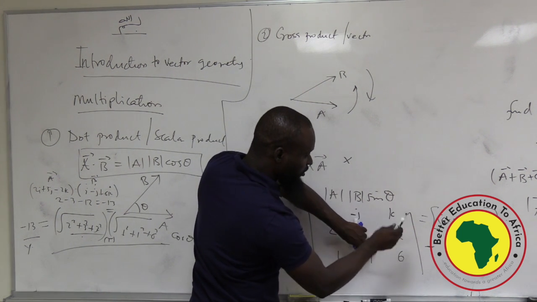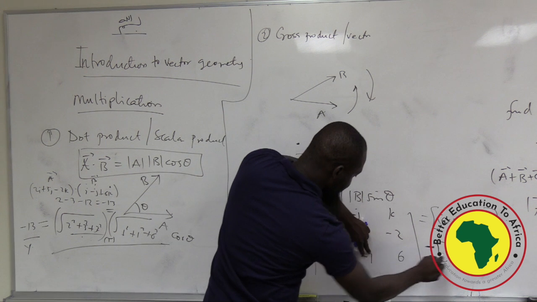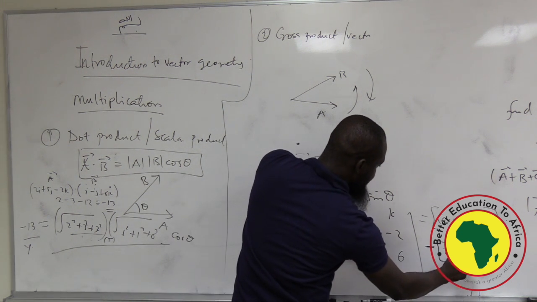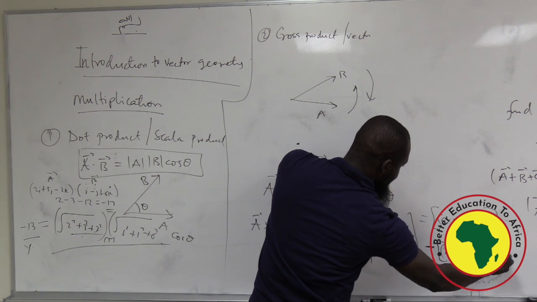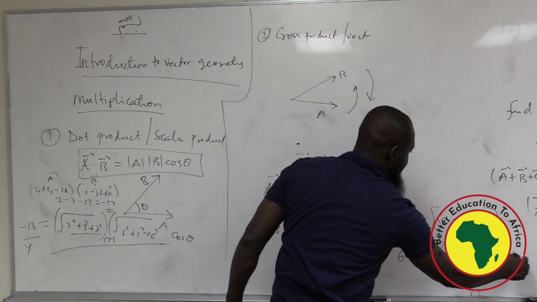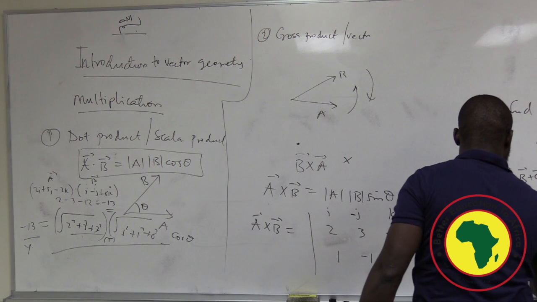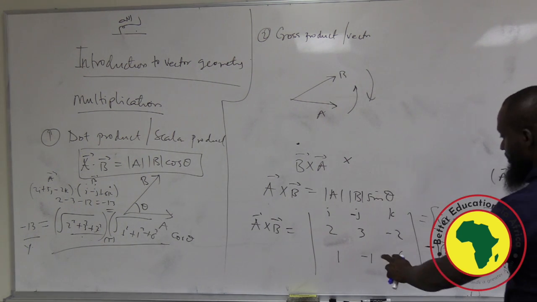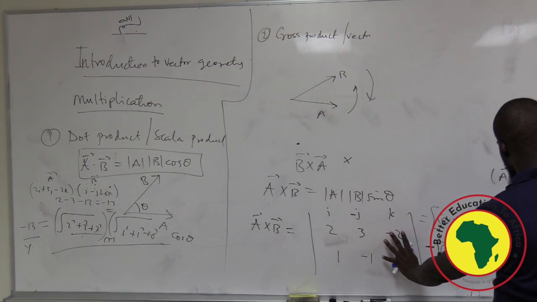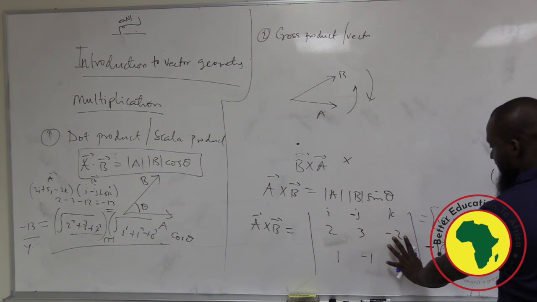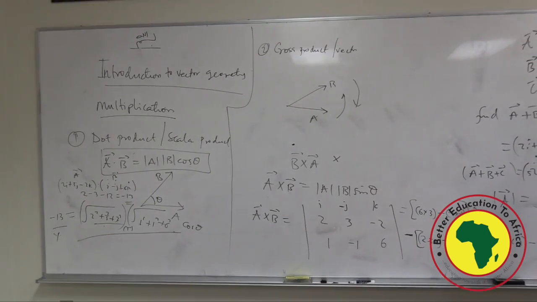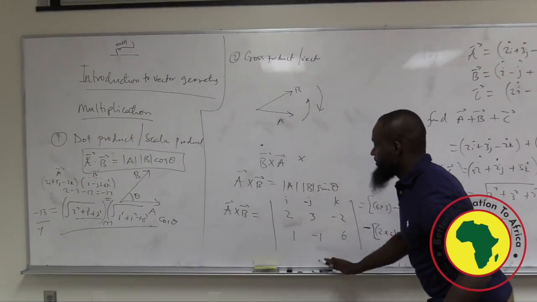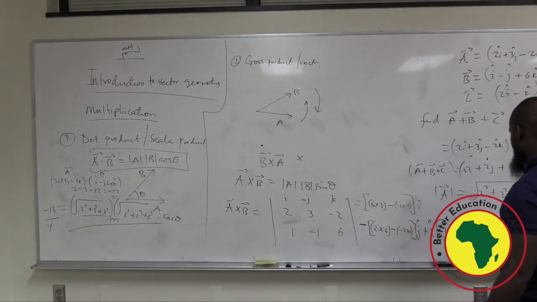That's why that minus sign is there to remind me that for the j I have a minus sign. 2 times 6 minus 2 times 1. That is my j. And then the k component will be, I cover the k, 2 times minus 1 minus 3 times 1. So it's always this minus that, this minus that, this minus that. This is my k component.